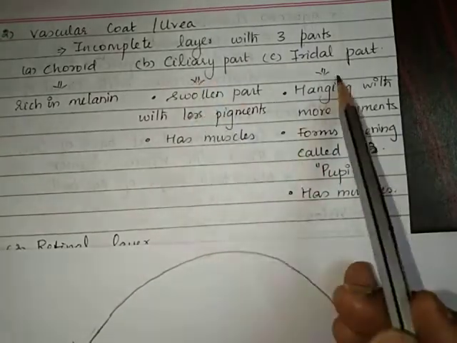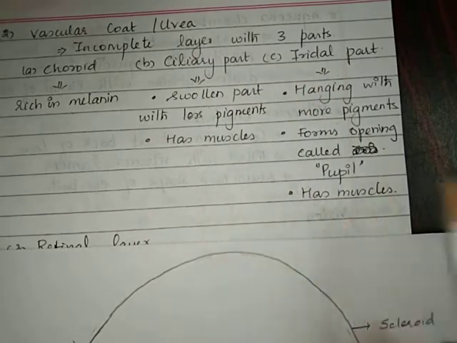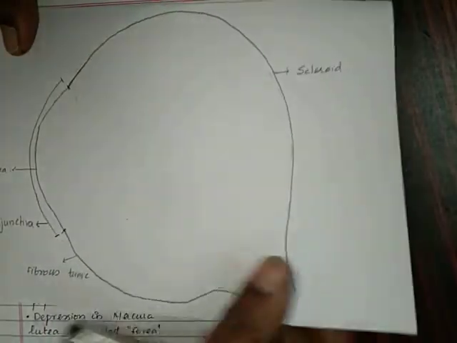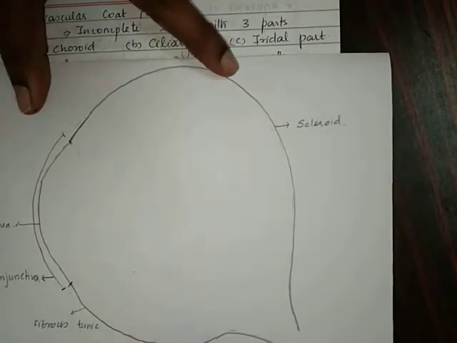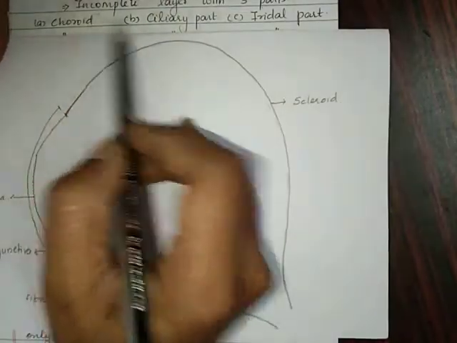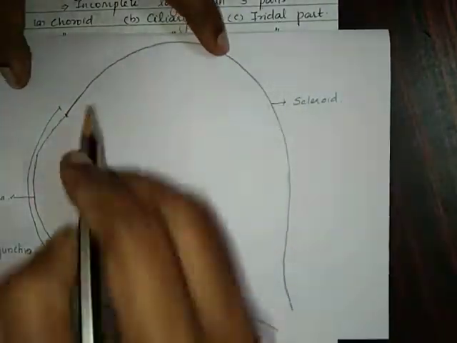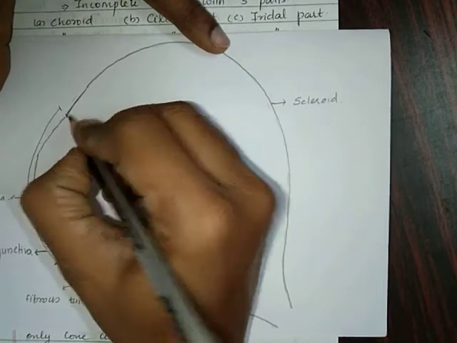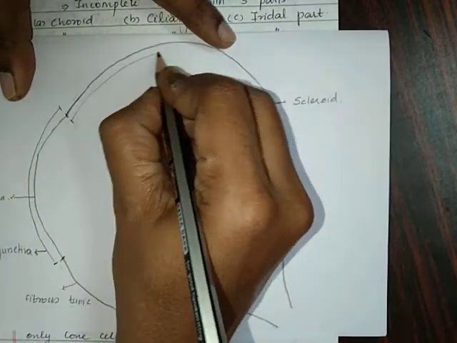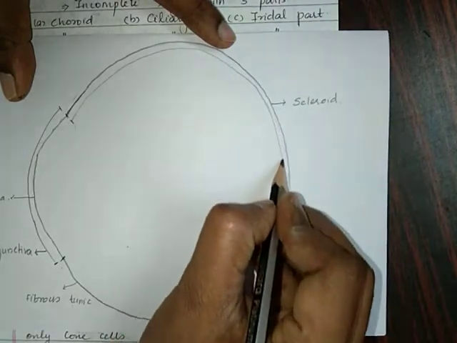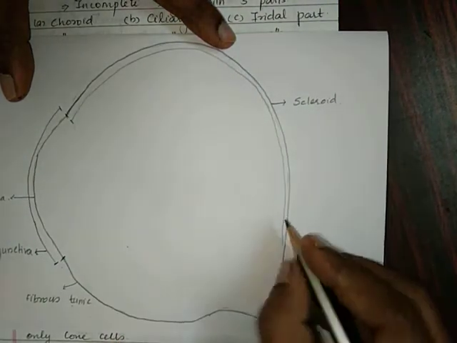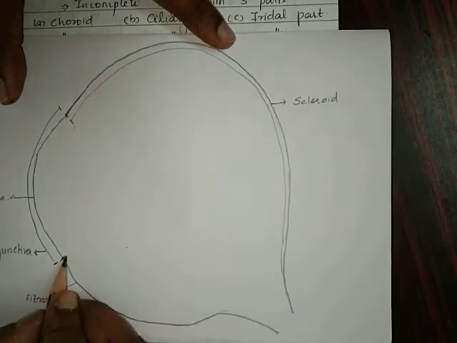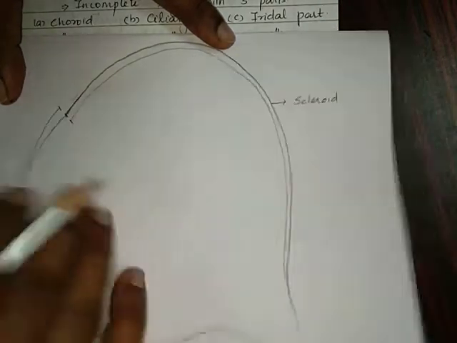Both the ciliary part and the iridal part are made of circular as well as longitudinal muscles. So the three parts of the vascular coat are choroid, ciliary part and iridal part. The choroid is going to start at the junction of the cornea and sclera and continue towards the back portion, nearly the end of the eye, which is forming the optic nerve.